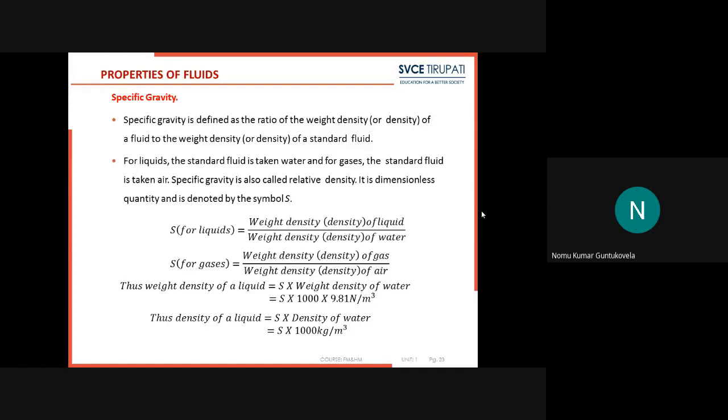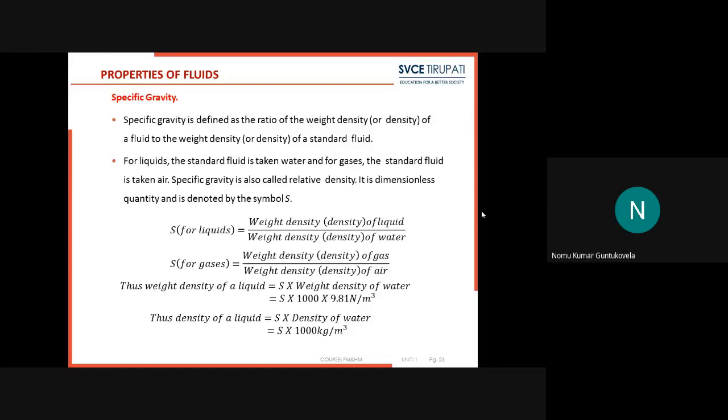For example, to take the specific gravity of a liquid, we need to find the weight density of the given liquid divided by the weight density of the standard liquid. The standard liquid is water, and the given liquid is whatever they have given. If mercury is given, the weight density of mercury is 13.6 into 1000, and for water it is 1 into 1000.